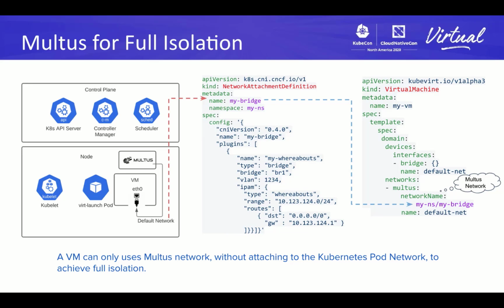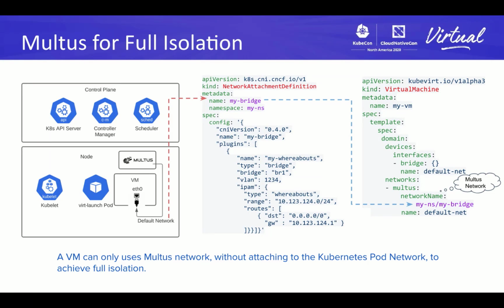If you look at the YAMLs and the configurations, the only difference is that in the virtual machine networks API, the pod network is completely removed. Only the Multus network stays. In this configuration, when the VM starts, it loses access to the pod network.